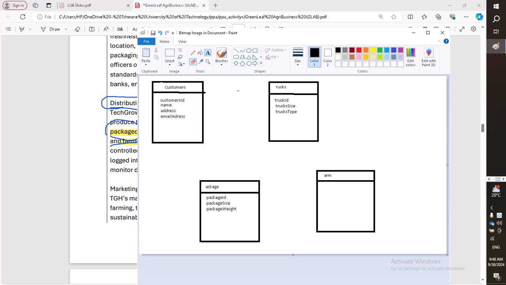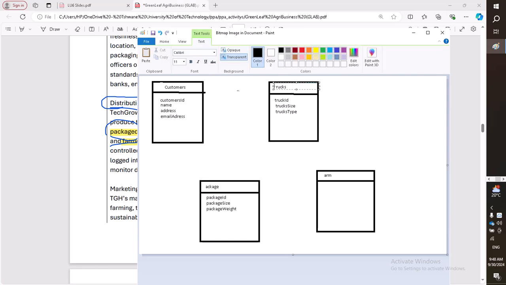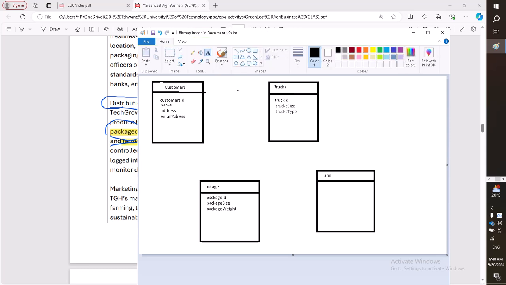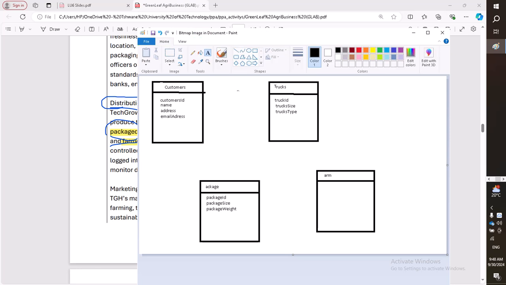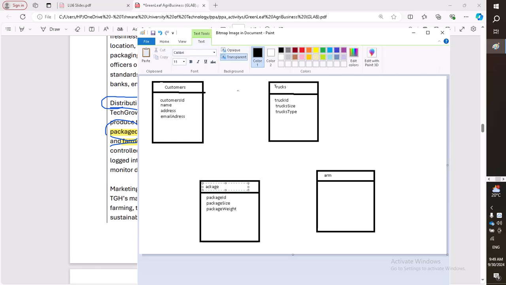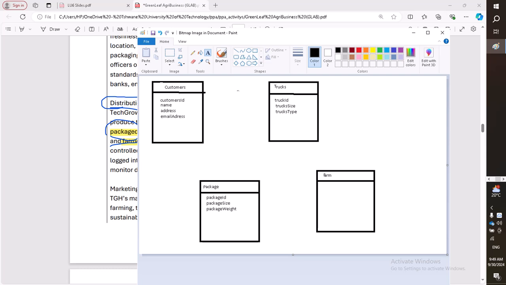So now I'm fixing that error. Truck, this one should be a T. This one should be Package, and this one should be Farm.